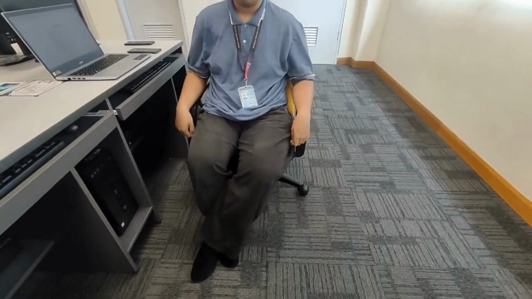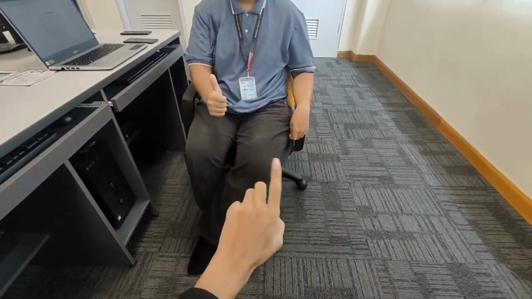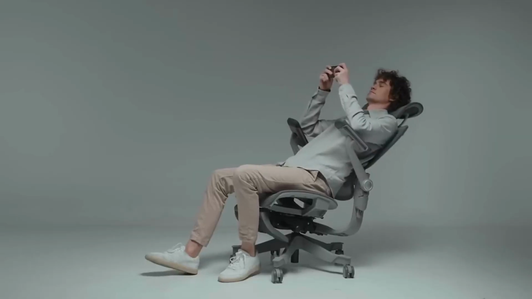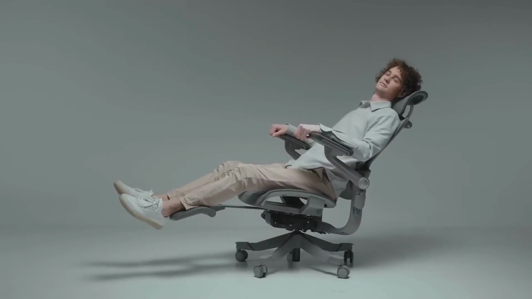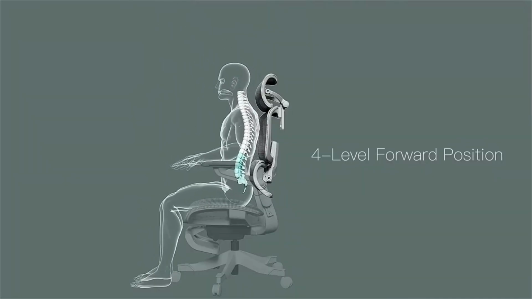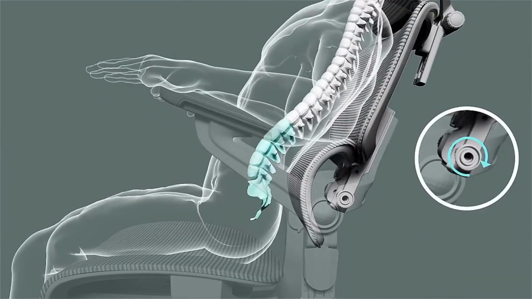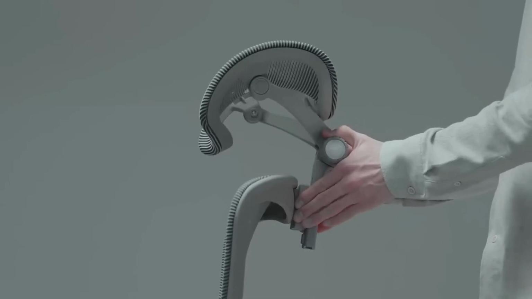You also must not cross your legs while sitting. Then, you can also adjust the lumbar support height and depth to provide comfortable lower back support. This will help you avoid back pain.